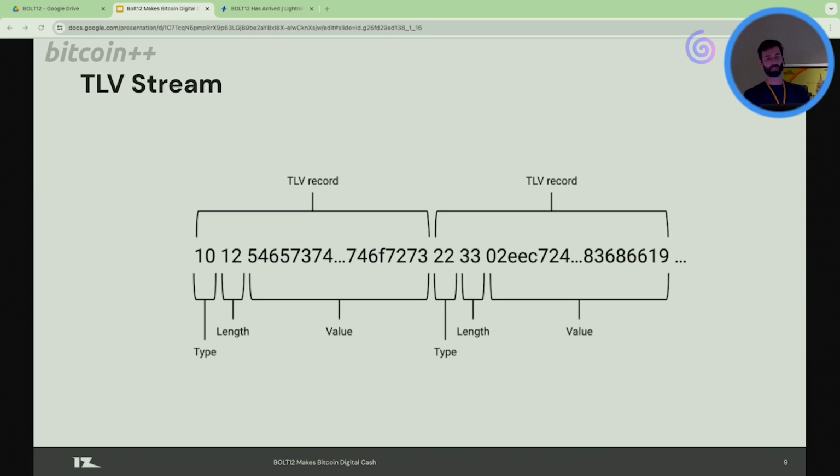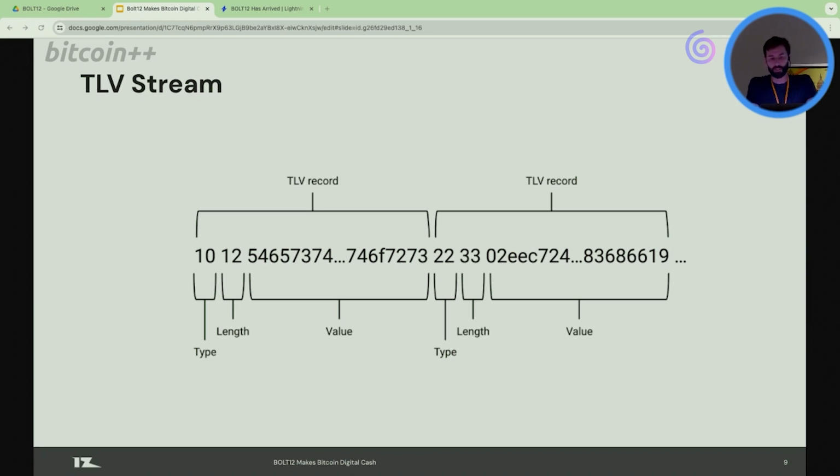It basically is describing what the type is, so that kind of maps to something in the spec. So for instance, the amount might be a type. The length of this TLV record would be the number of bytes in it, and then the value is those number of bytes essentially that follow it.